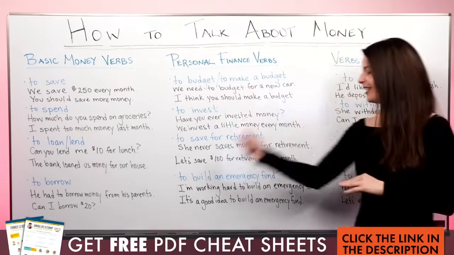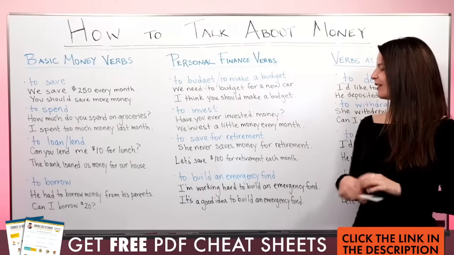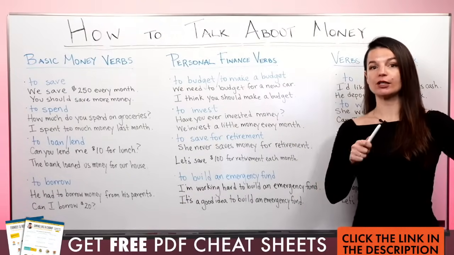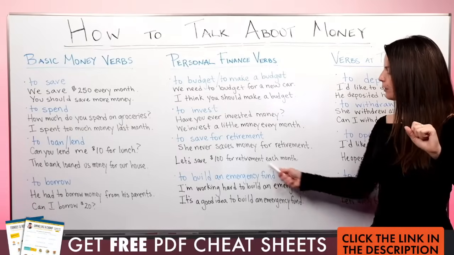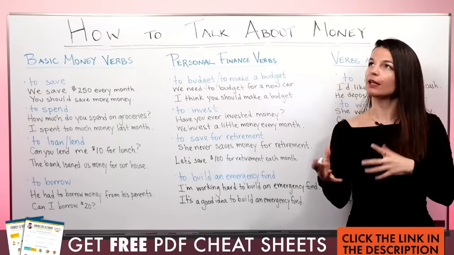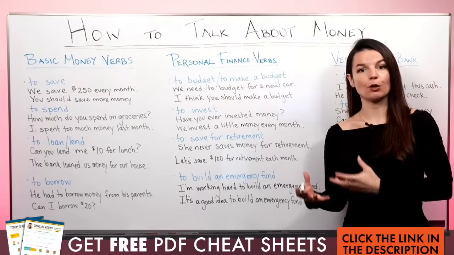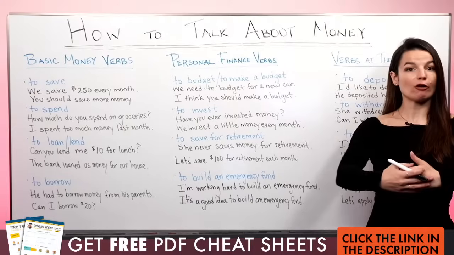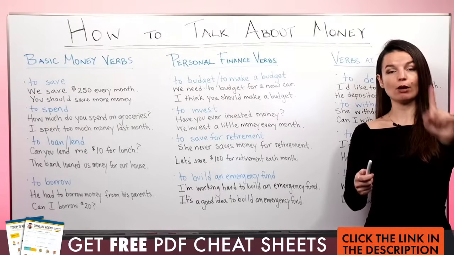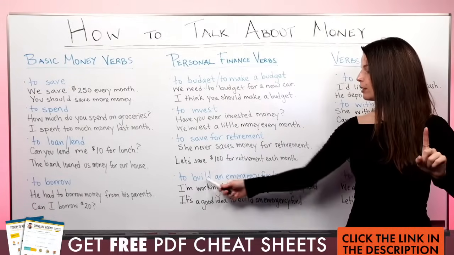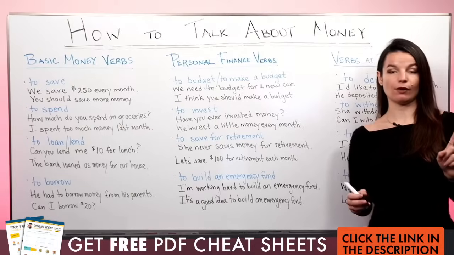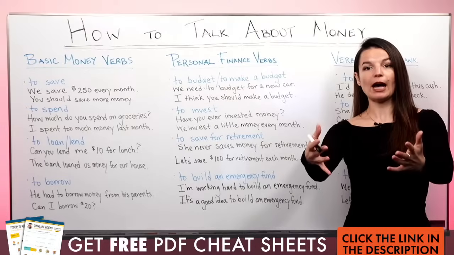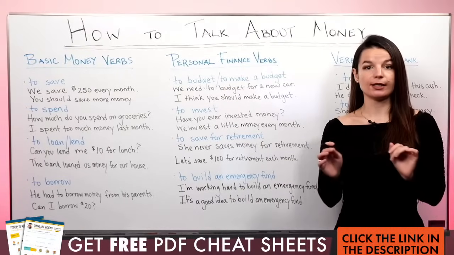to the next one. Okay, so the last one here is to build an emergency fund. To build an emergency fund. So fund can mean an account, like a special bank account. It also can mean just like a bunch of money for one purpose. So in this case, to build an emergency fund. So an emergency fund is money you have only for emergencies, right?